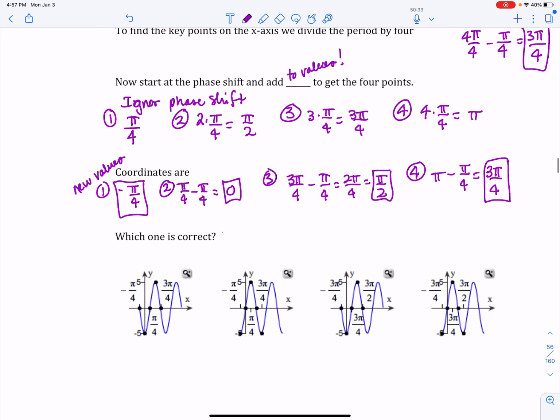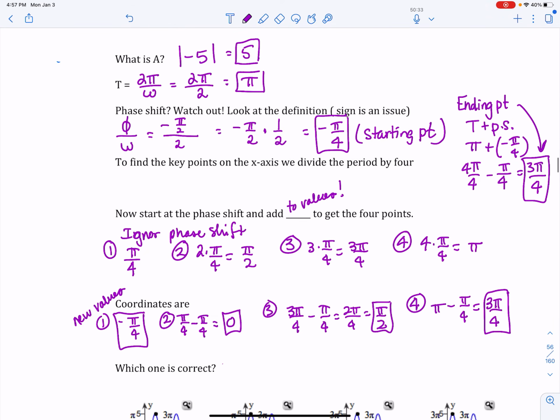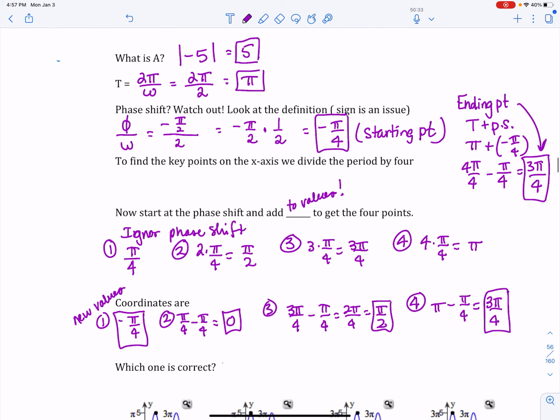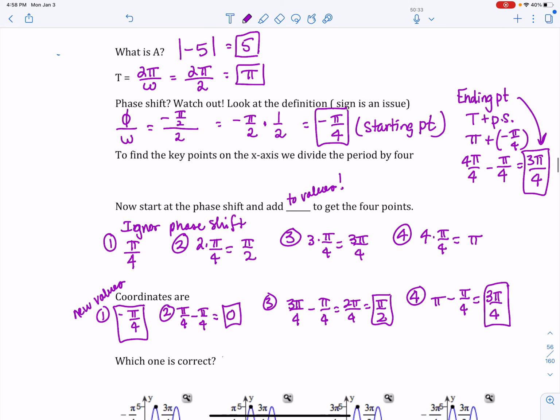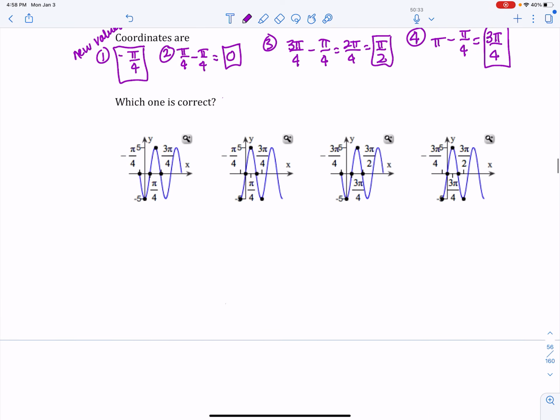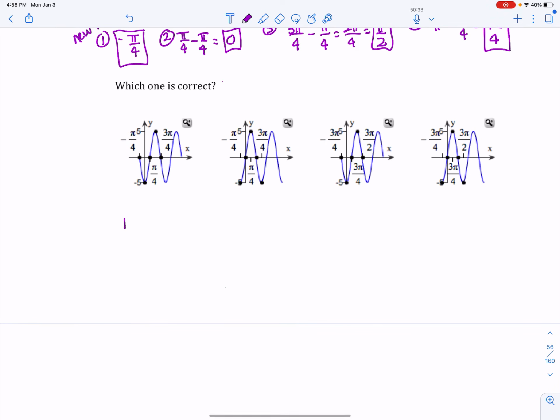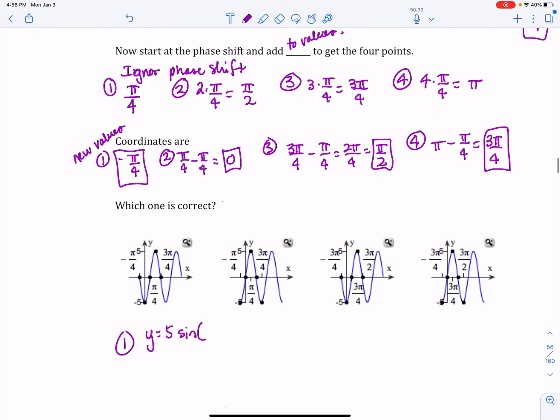The next thing I'm going to have to do is graph all this. So remember the amplitude is 5, the period is pi, and the phase shift is negative pi over 4. If I'm going to graph this, I want to graph first the positive one.